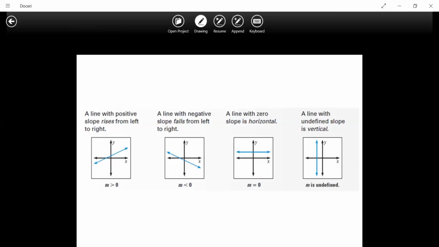About a minute left. About 30 seconds. About 15.